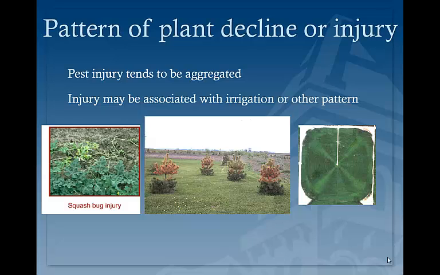In this case, we have a field that might be about 160 acres on center pivot irrigation, so it's just watering. But you can see that the plants are unevenly watered, and there is a pattern to what's going on here. If we were on the ground level, we might see that this 50-foot spot is filled with a particular insect.